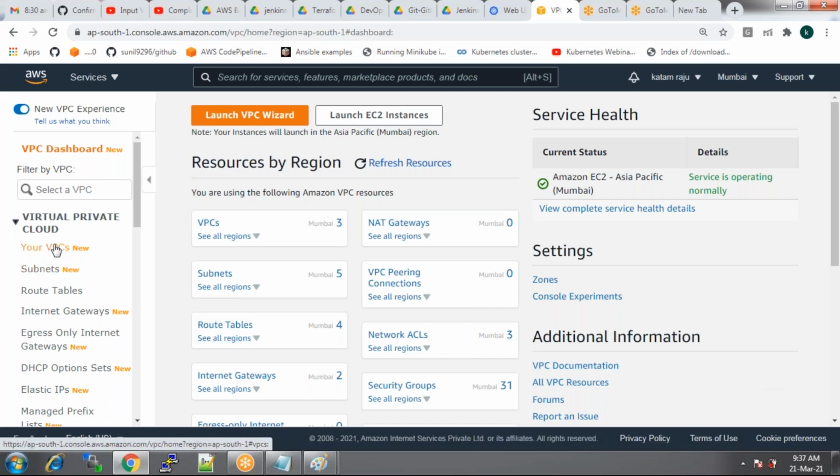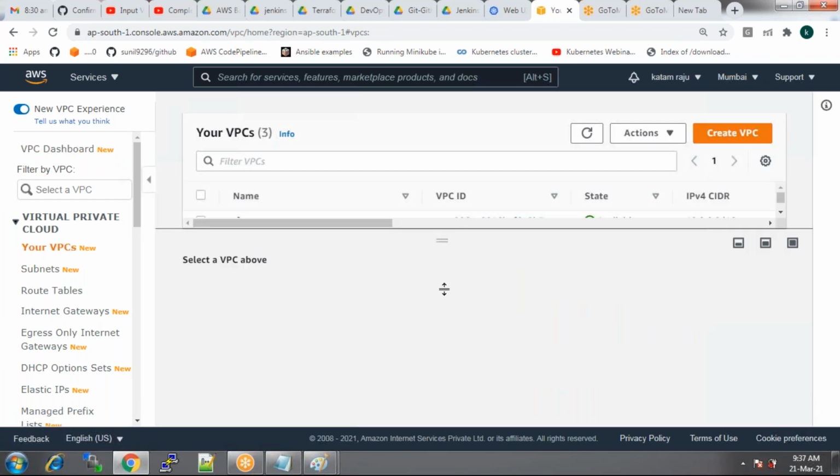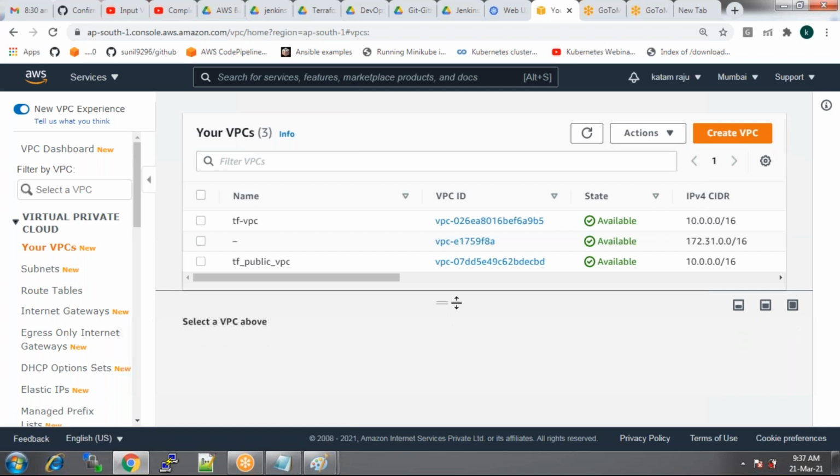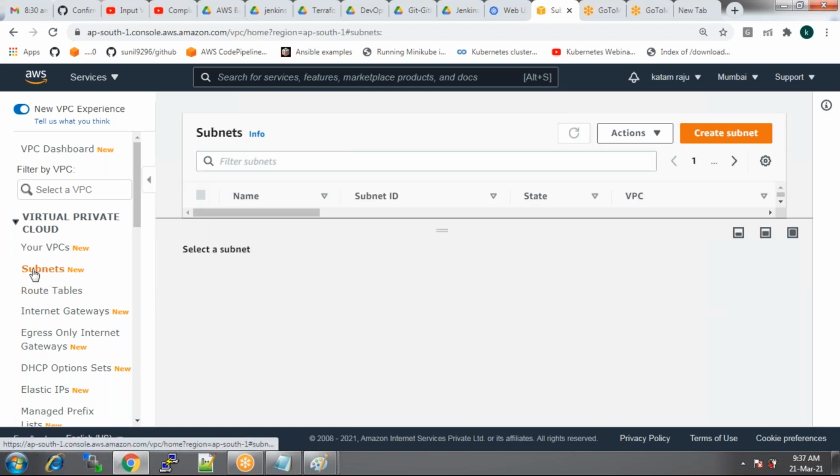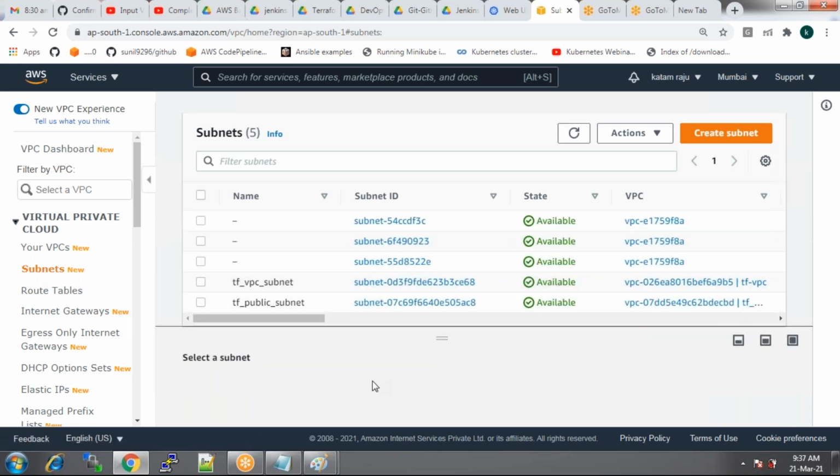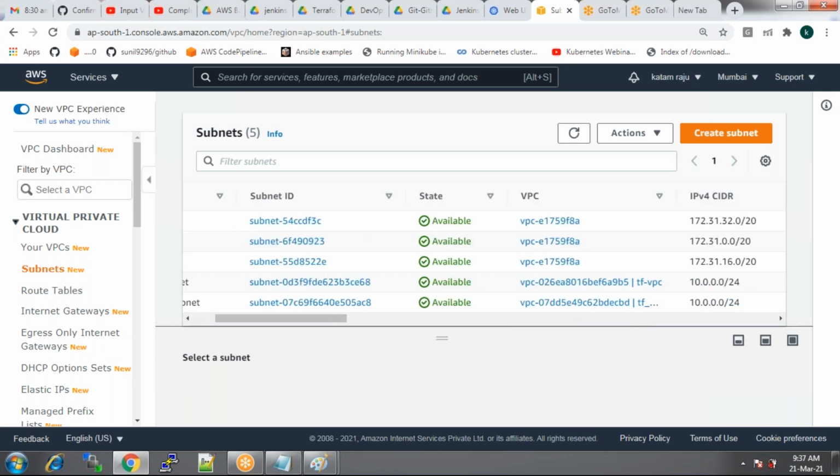You create VPCs, and then I create subnets. All these subnets I will be attaching to some VPCs. You see the VPCs for these subnets are running on so and so VPC. This is my VPC for Terraform anyway.